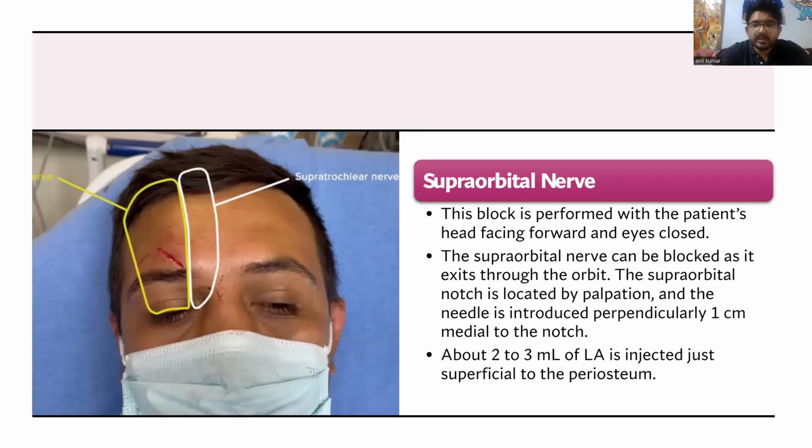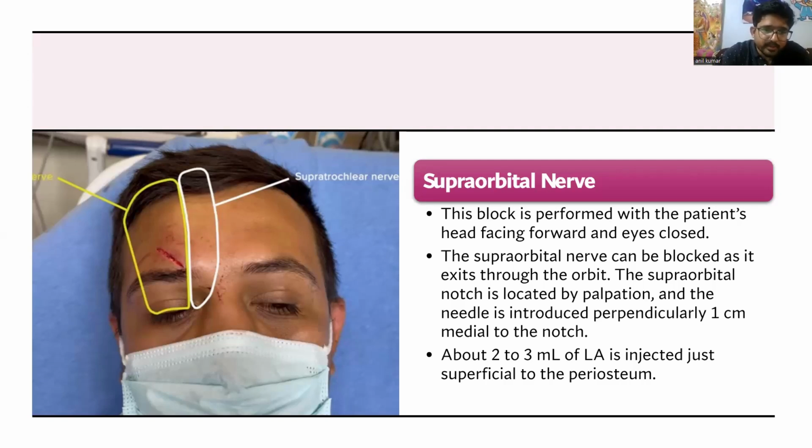So coming to each nerve block, you will see here the supraorbital nerve. In the image, the yellow area of the anterior forehead is supplied by the supraorbital nerve, and the medial side, which is covered by the white one, is the supratrochlear nerve supplying area. This fellow has a small laceration on his anterior forehead, so I want to perform a supraorbital nerve block for him.